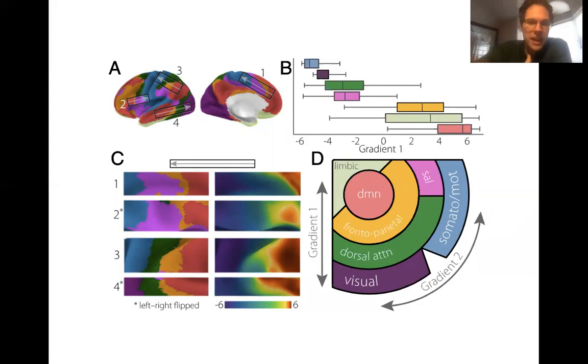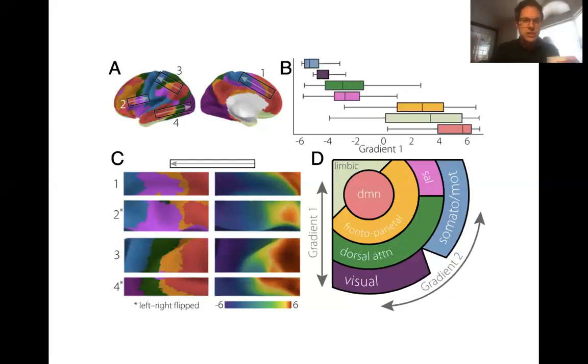Even though it's not strictly involved in a particular task, it costs a lot more for the brain to run the default mode network. And as you can see, it sits in the center in some way in this gradient framework of all of these different brain networks.